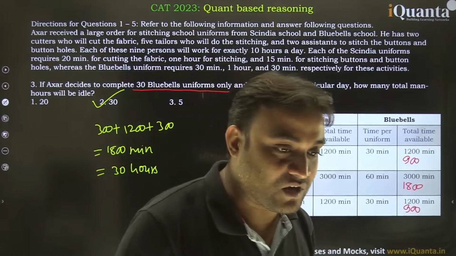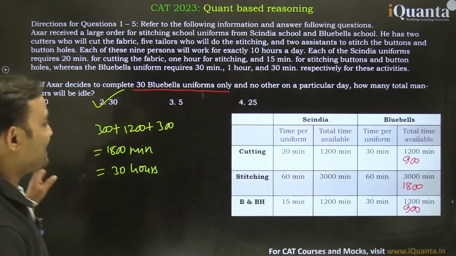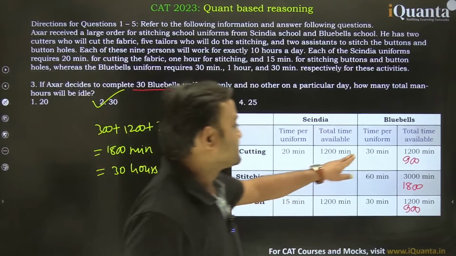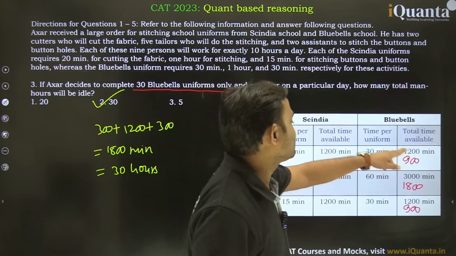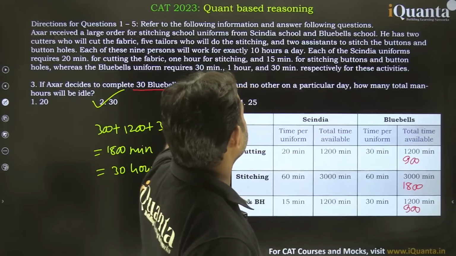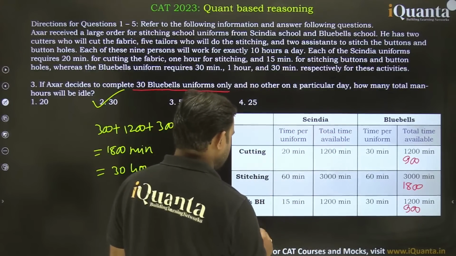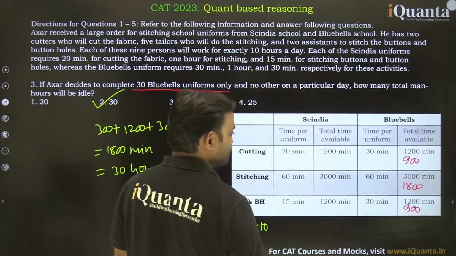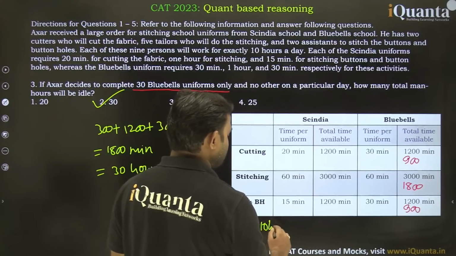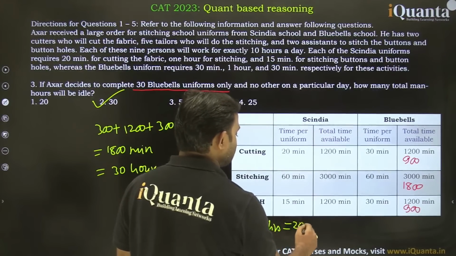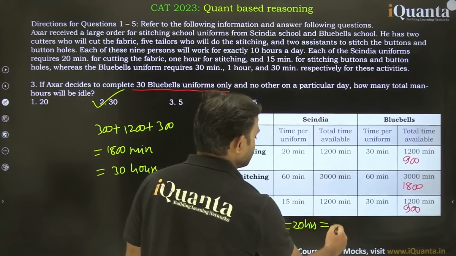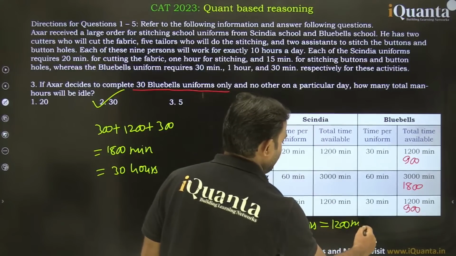How did we get 1200, 3000? That I explained earlier. There are two cutters for 10 hours, which is 20 hours they have. That means 1200 minutes they have.